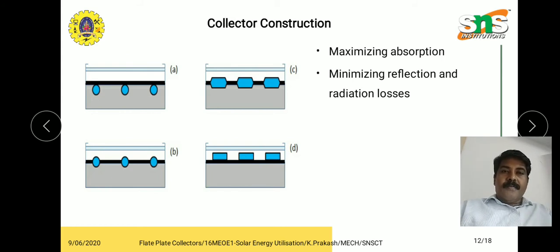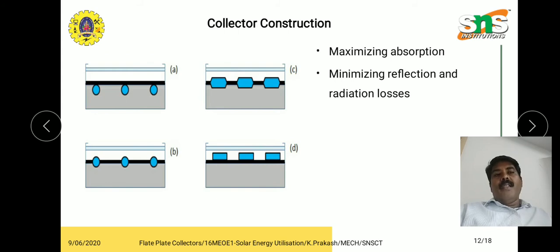See here, compared to figure A and figure C, the structure is round here and the structure is different there. So what is the difference between these two? Always this heat transfer Q is directly proportional to K into A C. So it is directly proportional to the area.